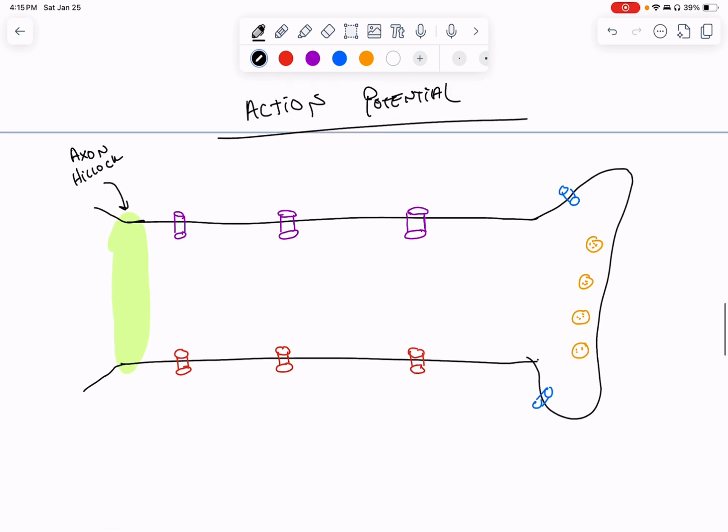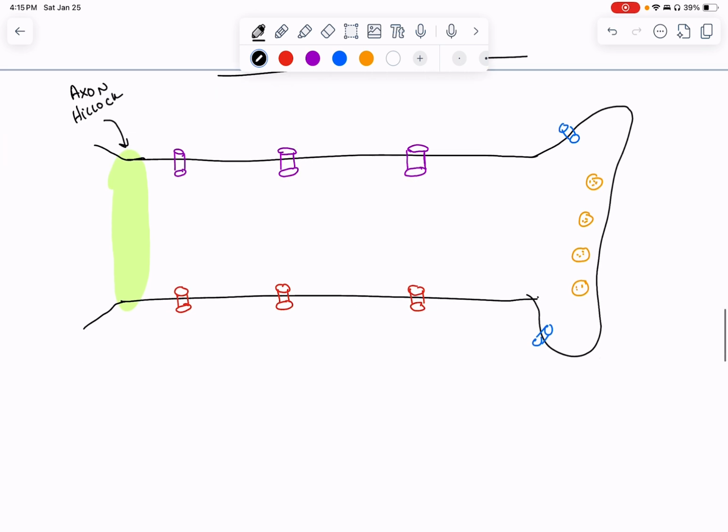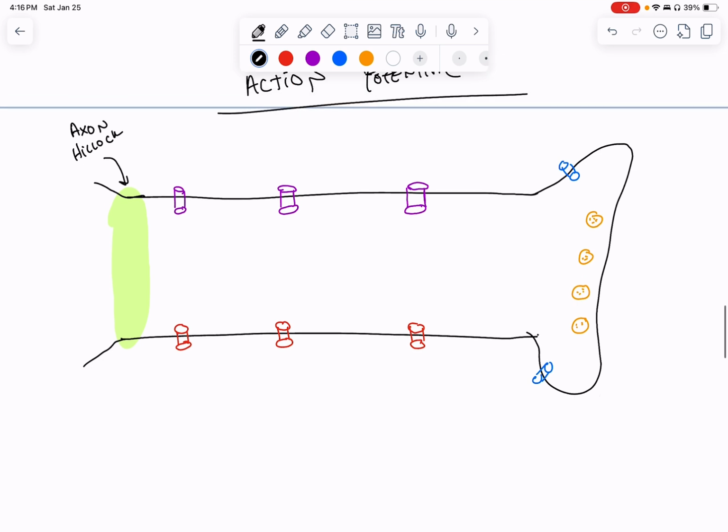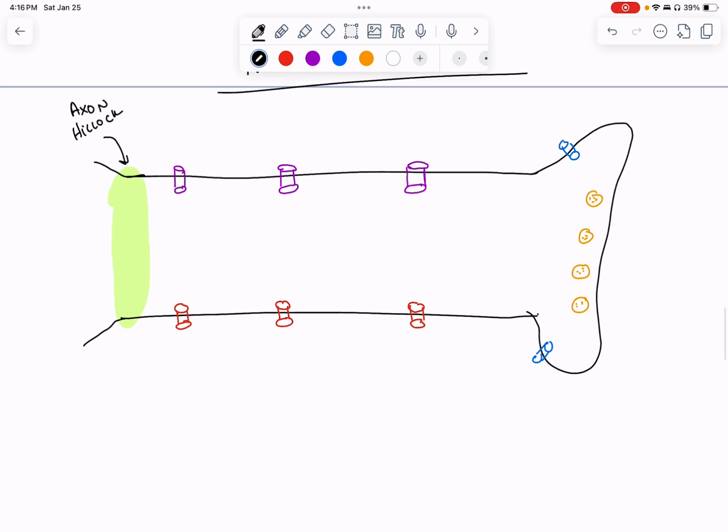The first thing that happens is once the graded potential hits threshold, so we go from negative 70 millivolts and we move up to negative 55 millivolts.